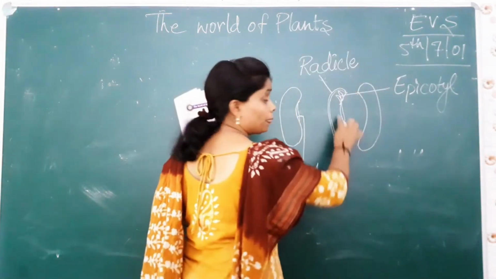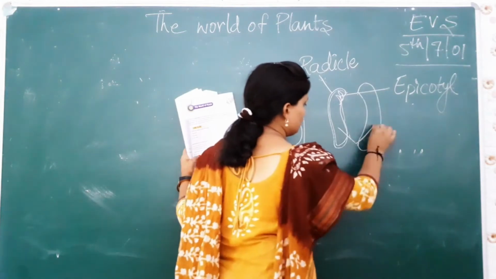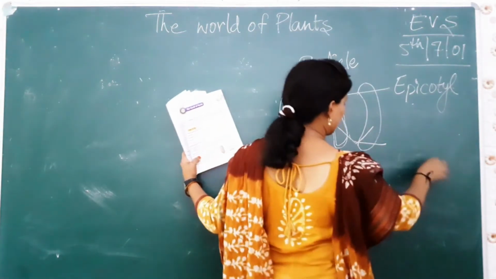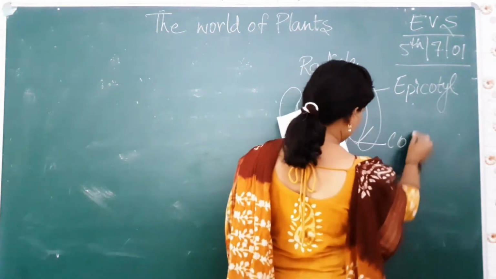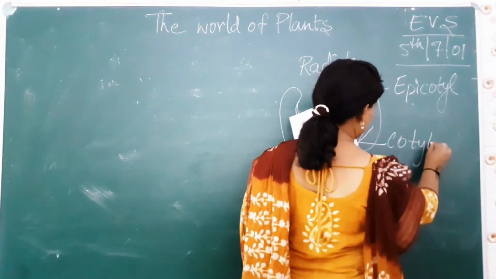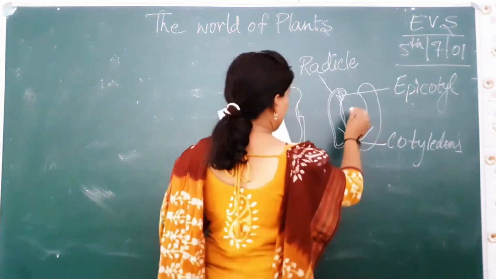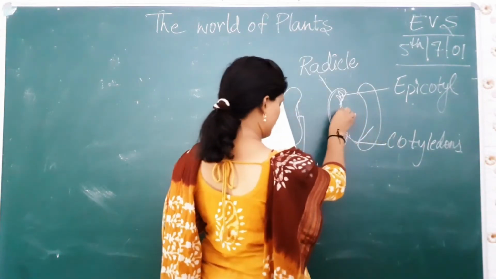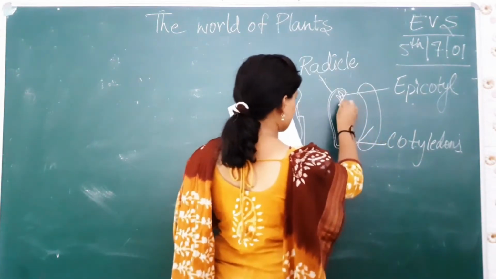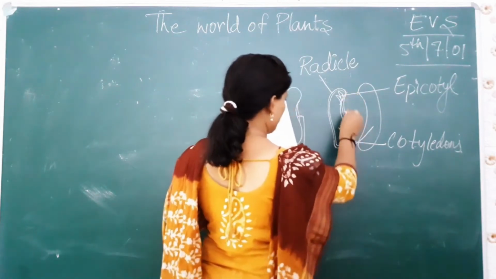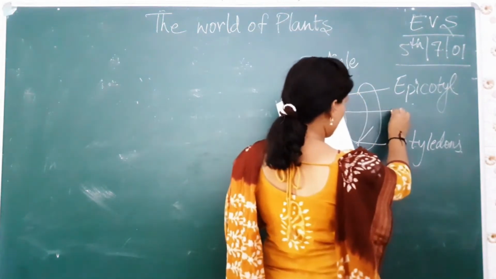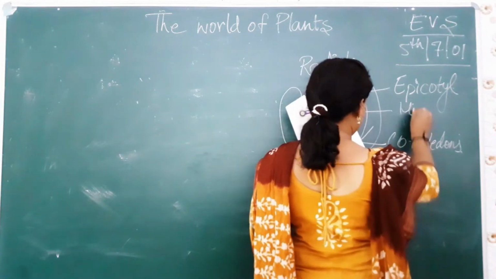Okay, now this plain portion is known as the cotyledon. What do we say this? Cotyledons. And the hypocotyl, over here, it is called inside this. Okay, this one. What do we say this? Hypocotyl.